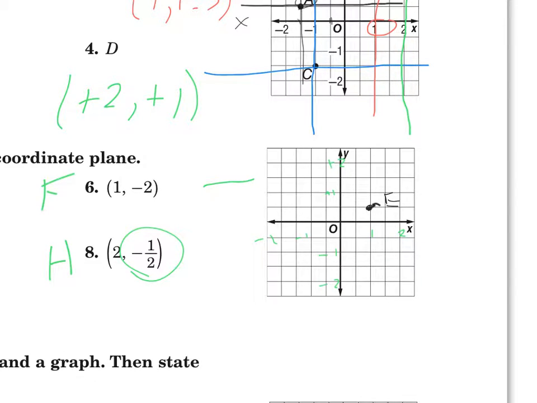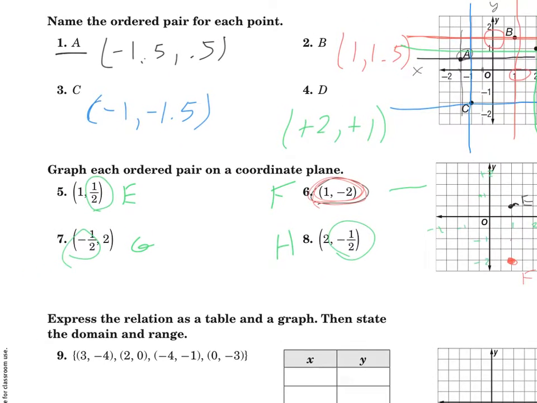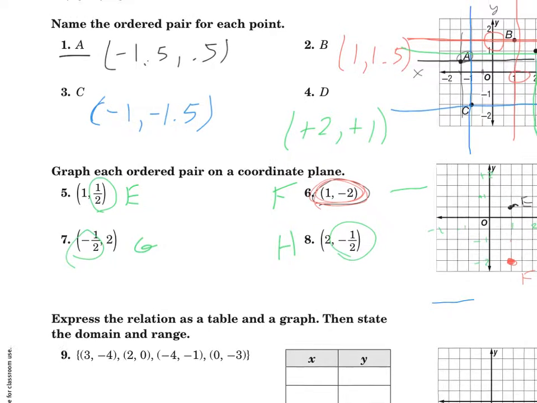And then we're going to plot 1, -2. If we go over to +1 and then down to -2, we should be putting a point right here for letter F. And we're going to plot letter G. Then we're going to plot negative 1/2, positive 2.